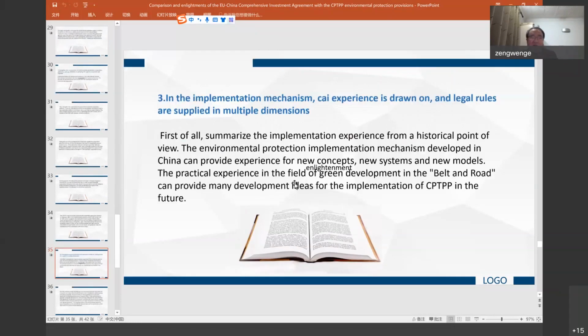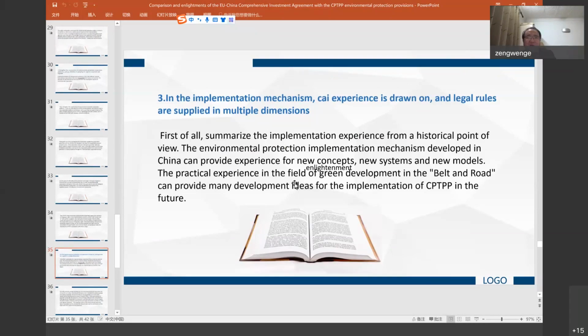The third is the implementation mechanism. China's experience can be stabilized in multiple missions. First of all, summarize the implementation experience from a historic point of view. The environment protection implementation mechanism developed in China can provide experience for new concepts, new systems, and new models.